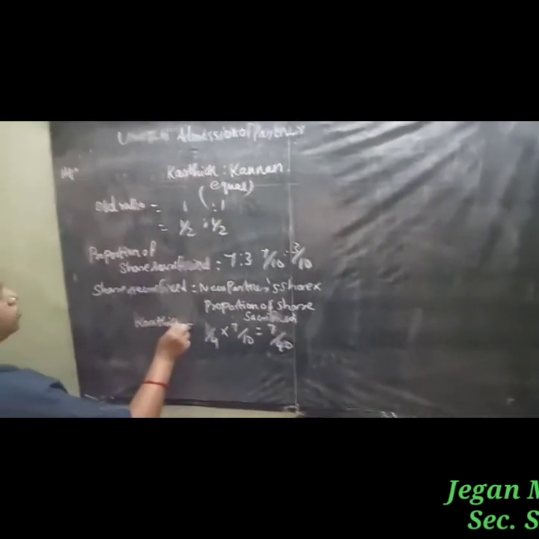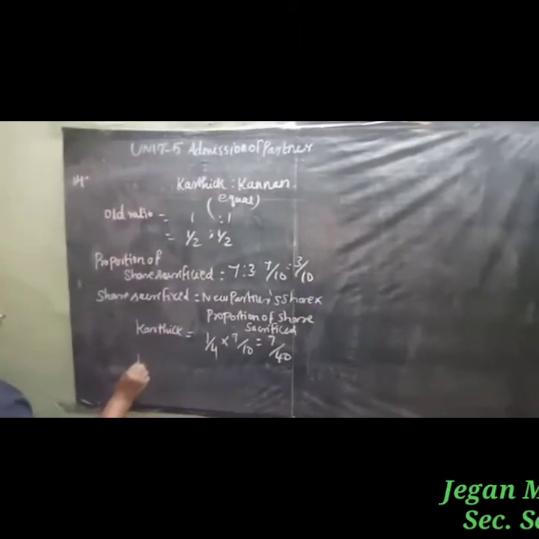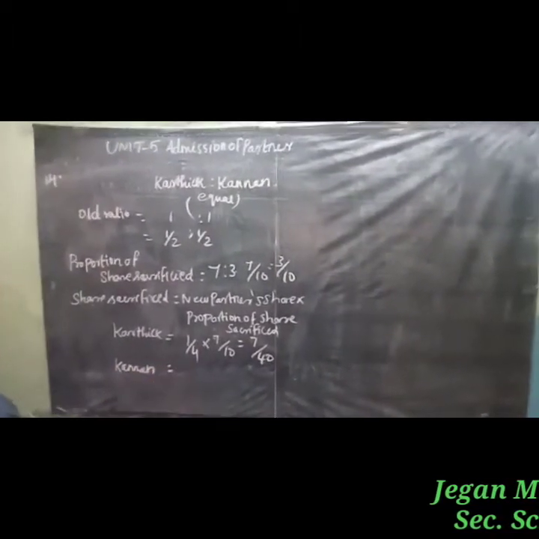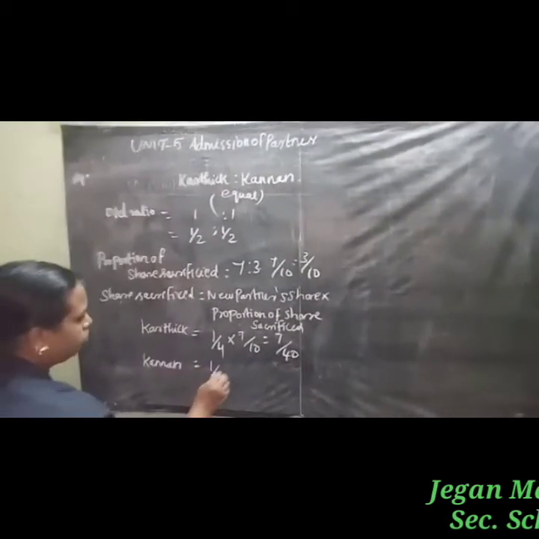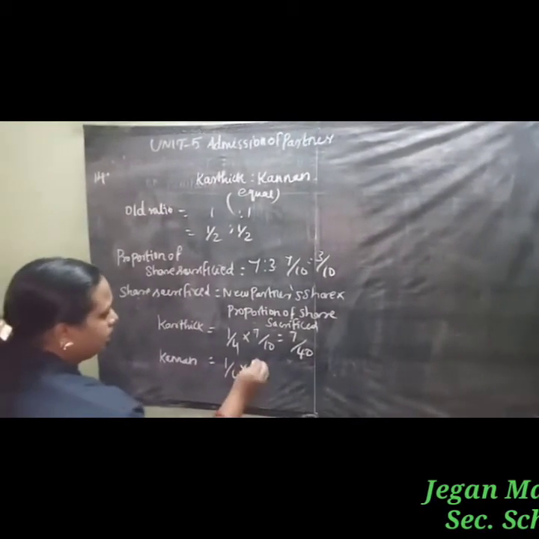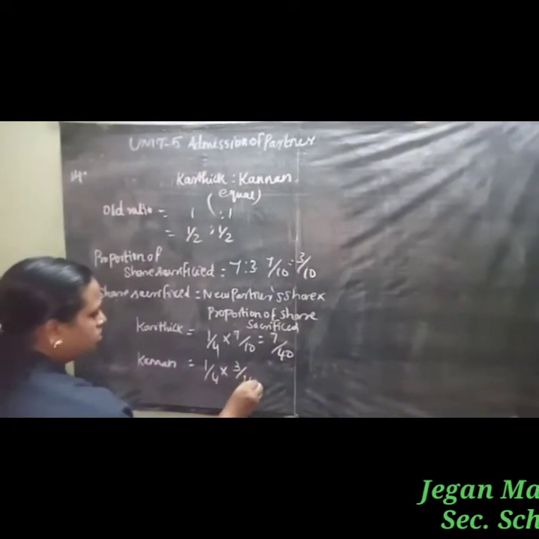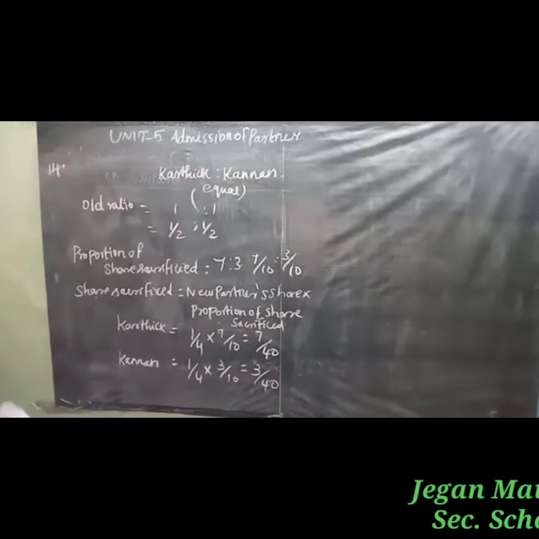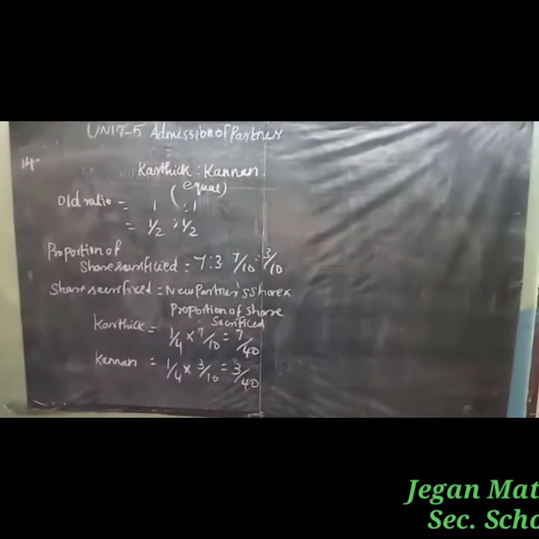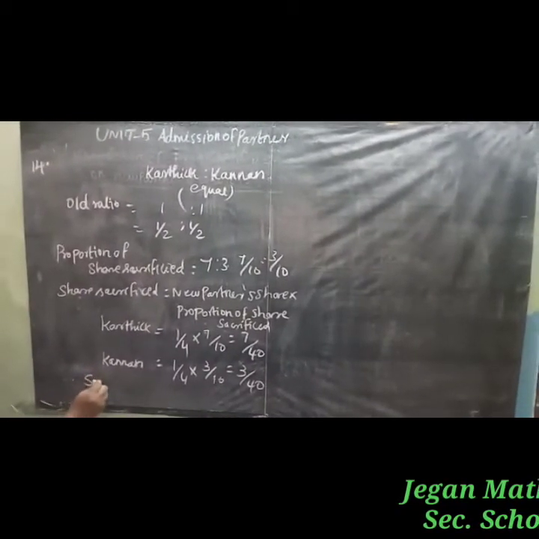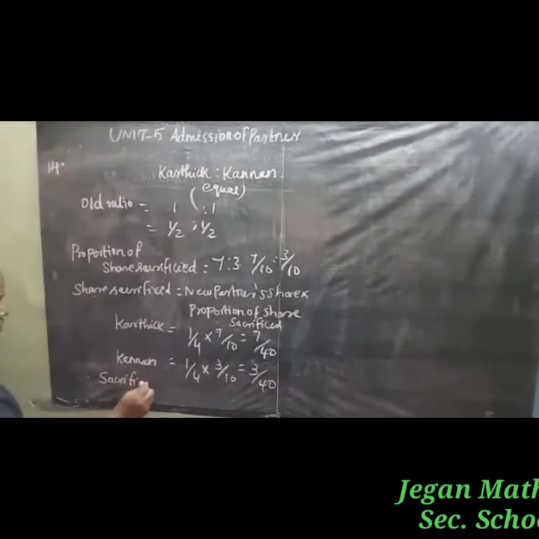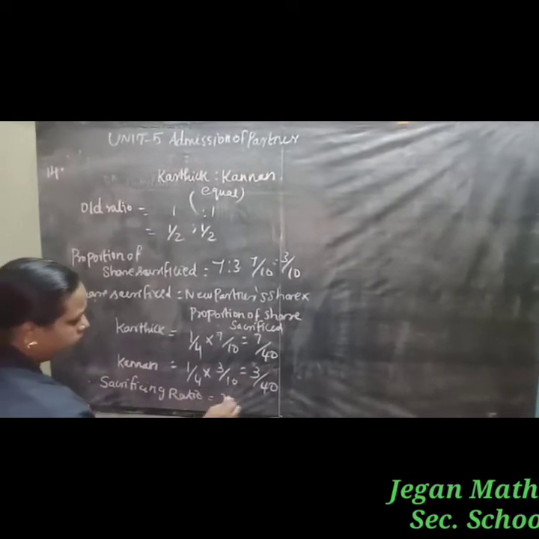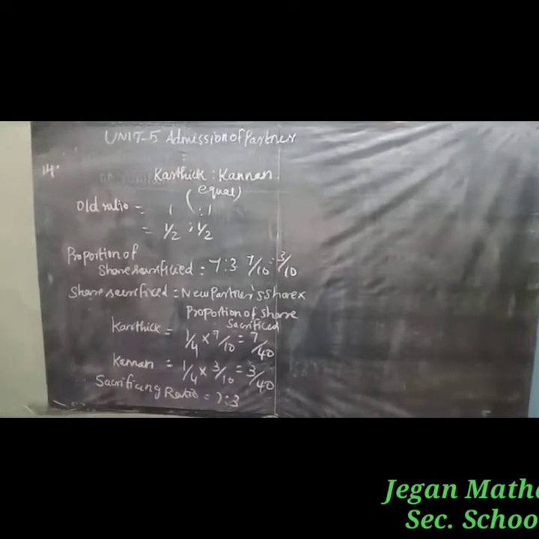Next, share sacrifice for Kannan: new partner share 1/4 into proportional share sacrifice 3/10. 1 3 is 3, 4 10s are 40. Therefore sacrificing ratio equals 7:3.